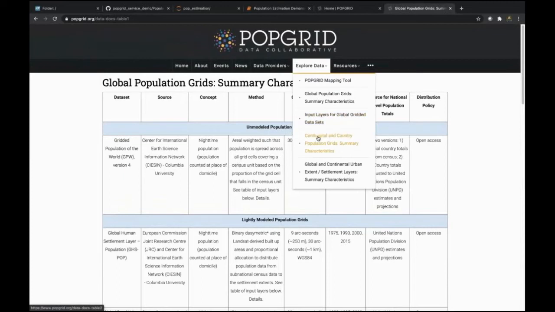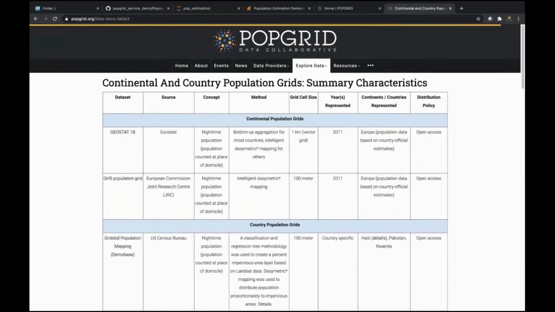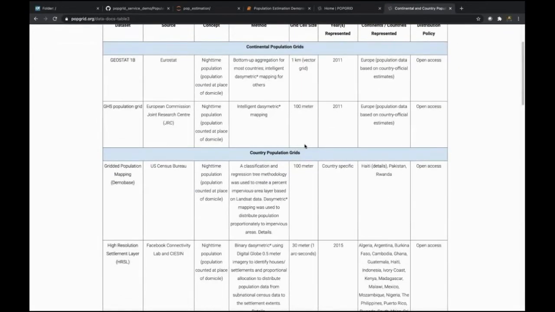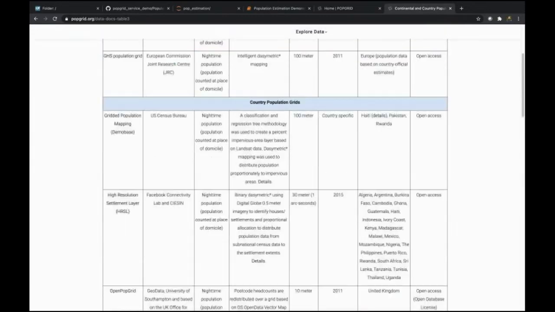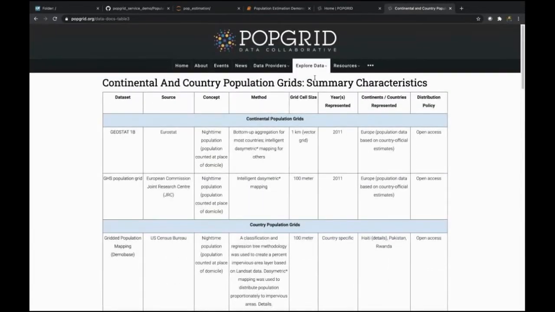We also have continental and country gridded population data sets. These are data sets that are not necessarily global, but maybe of interest because they're available in the areas you're working in, with the same kind of information shown for each.